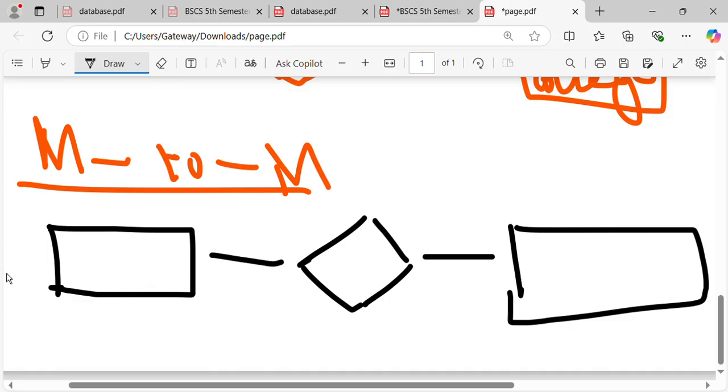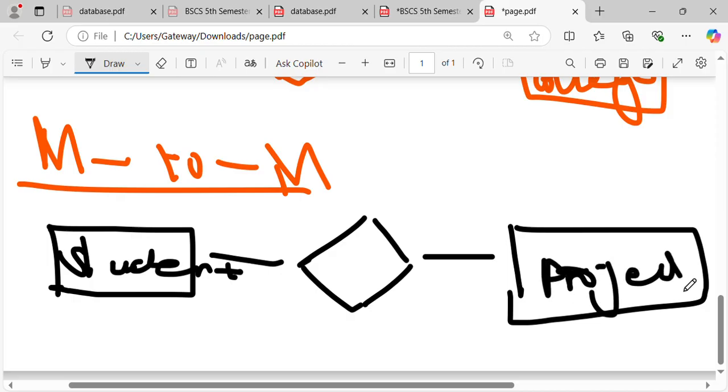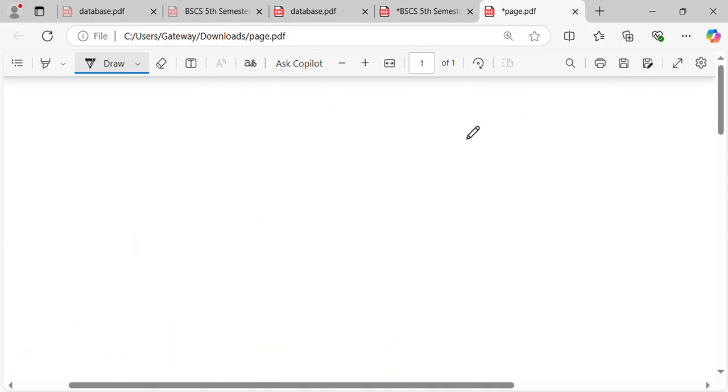So we see that many students have many projects to solve, their lives are not easy, right? So this was the many-to-many relationship. And we use MN or NM, it's the same thing.